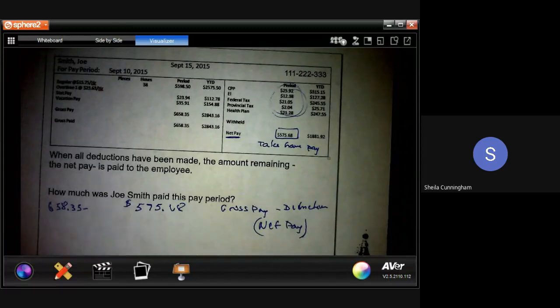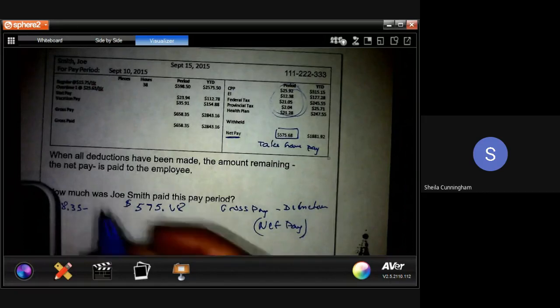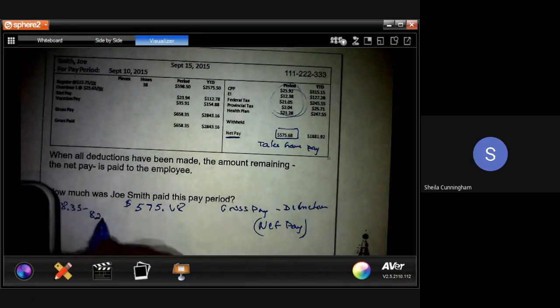So if we went and added all of those deductions up, we'd get 25.92 plus 12.38 plus 21.05 plus 2.04 plus the 21.28, which gives me the 82.67.